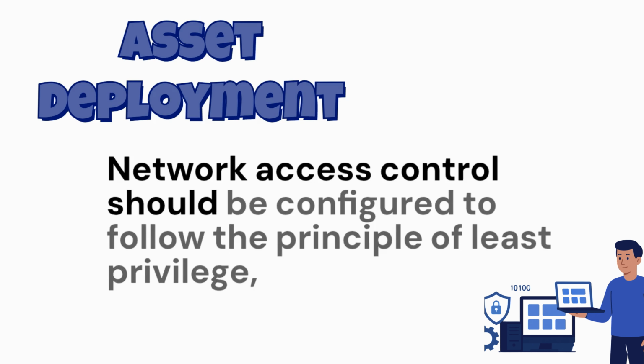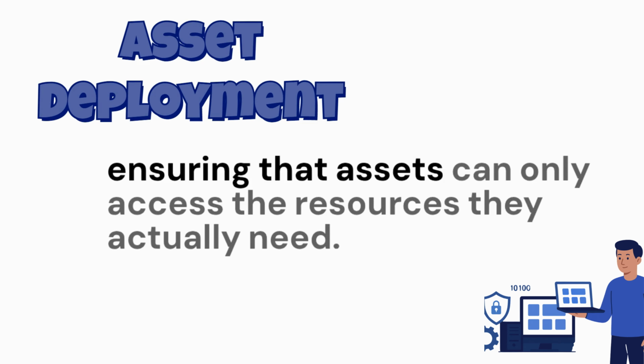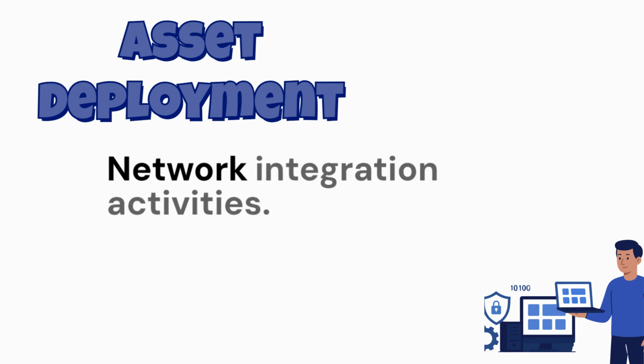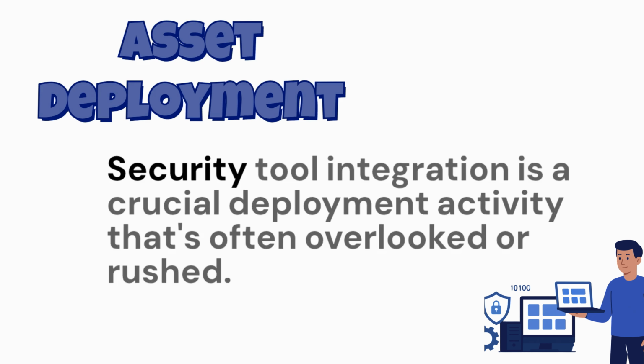Network access controls should be configured to follow the principle of least privilege, ensuring that assets can only access the resources they actually need. DNS configuration, certificate installation, and secure communication setup are also critical network integration activities. Security tool integration is a crucial deployment activity that's often overlooked or rushed.